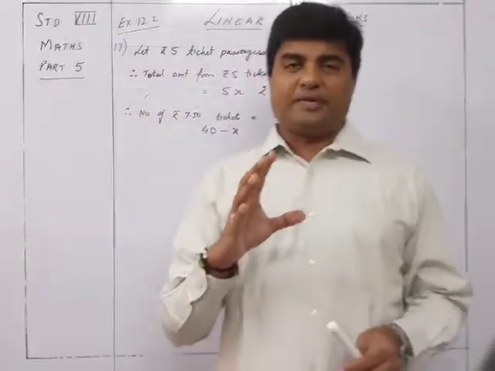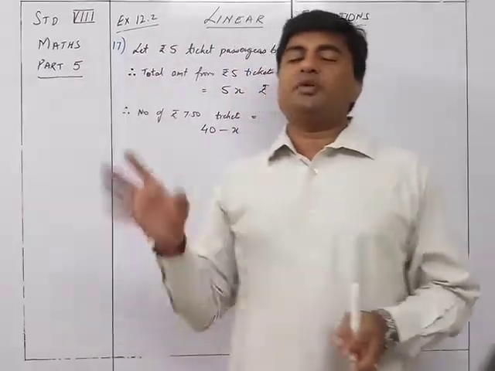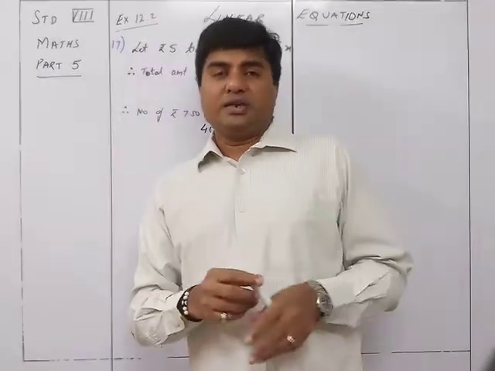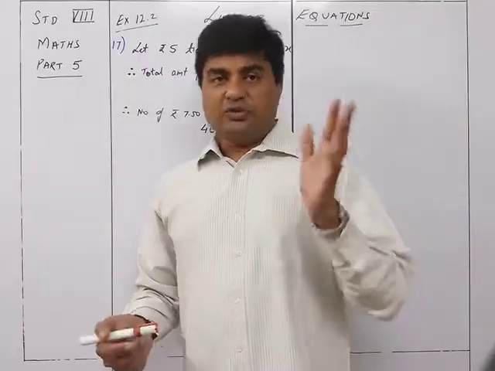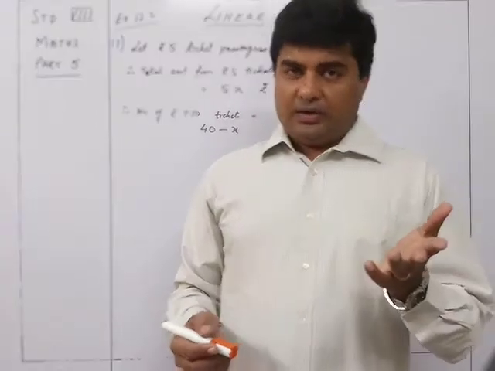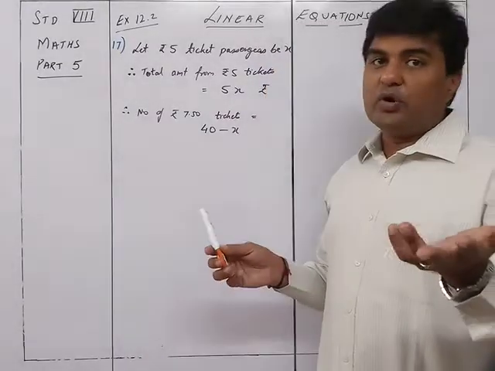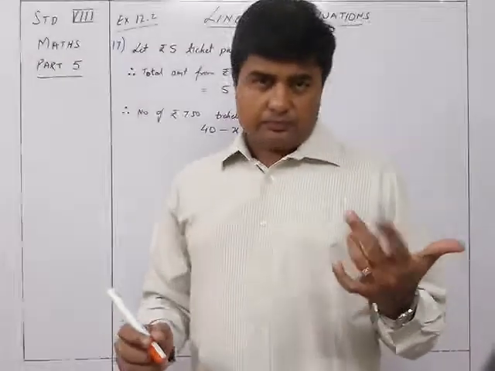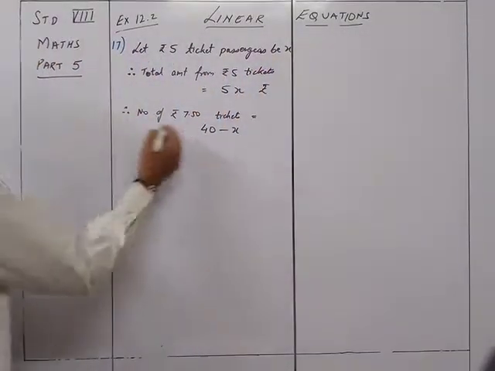So if there are 40 passengers here totally, उसमें से suppose x का value 10 ले लिया, तो 10 ने 5 रुपए का ticket लिया, तो how many are having 7 rupee 50 paisa tickets? Of course 40 minus 10, so 30. So here, because we don't know 10, we are taking it as x, so we are taking it as 40 minus x. So what will be the amount received by this?